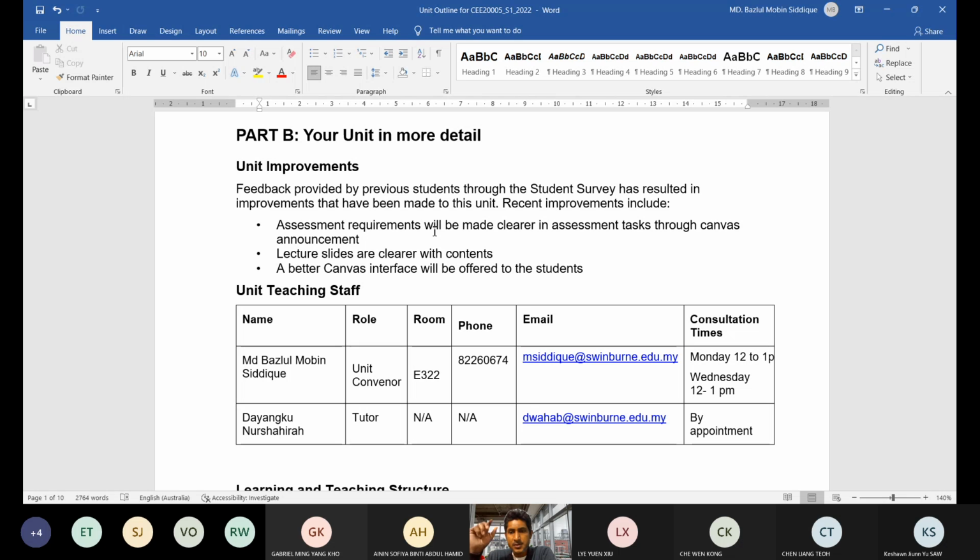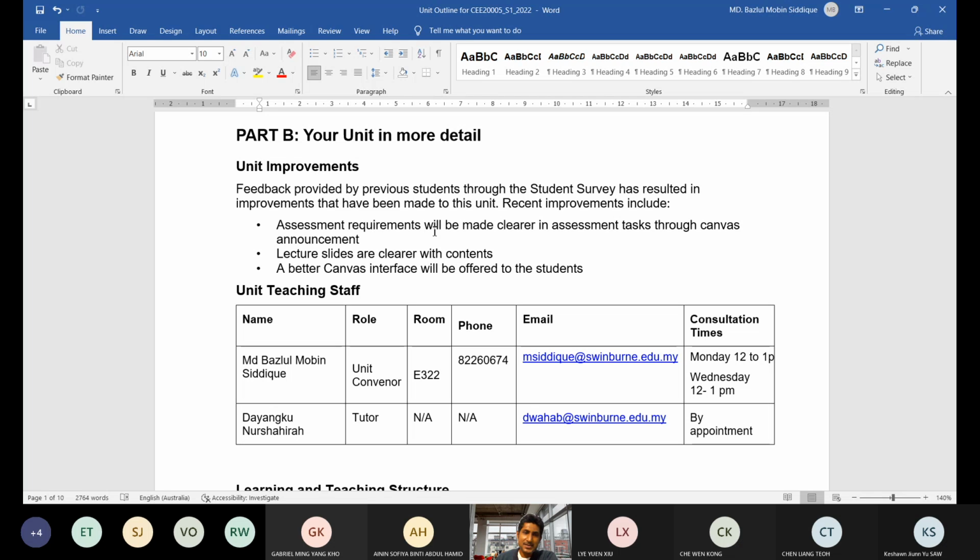So from next week on, usually before the week there will be an announcement in the Canvas about what we are going to do this week. And if there is a test, quiz or assessment coming, I will mention that in the announcement. So you have to go to that link and find the requirement for that test or assessment, how you will submit, what chapter you will take care of, and all the details you'll find there.